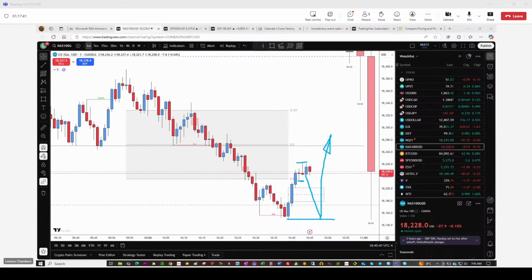This is where they should start playing games to see if they can convince people to go in and take out their stops.